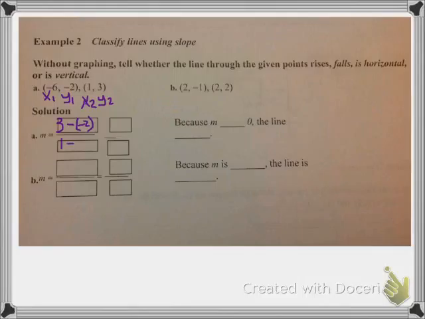Then we have 1 minus a negative 6. The 3 minus a negative 2 becomes a plus sign in the middle, so that would be a 5. The same thing happens on the bottom, where those two negative signs become a positive, and it's 5. So my slope here is 5/7. That slope is greater than 0, so that tells you that the line rises, which means it's positive. That's why it rises.